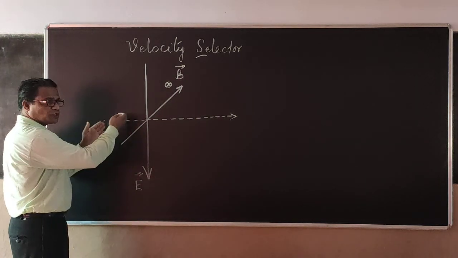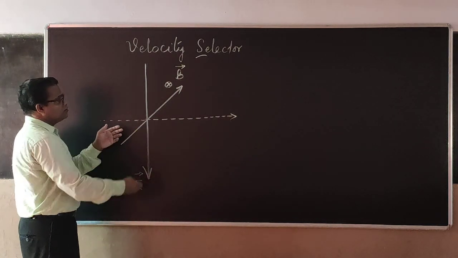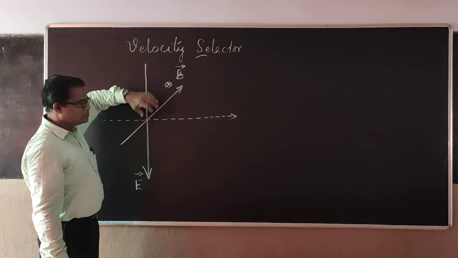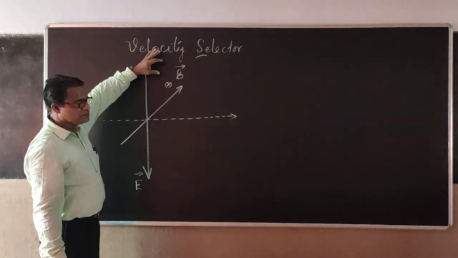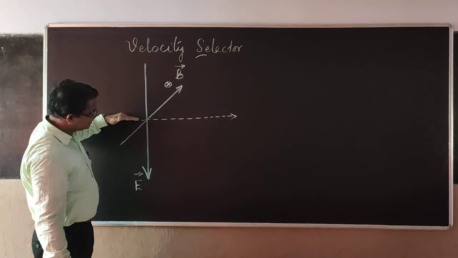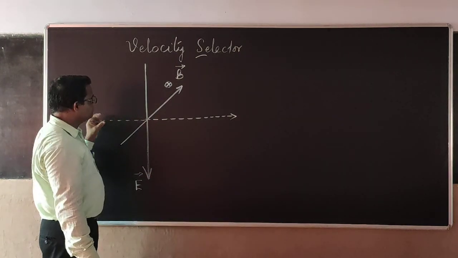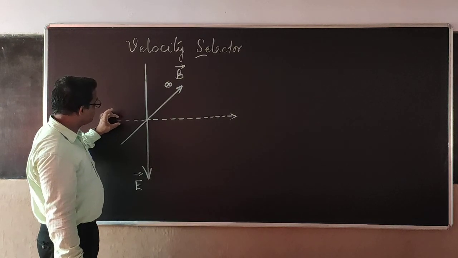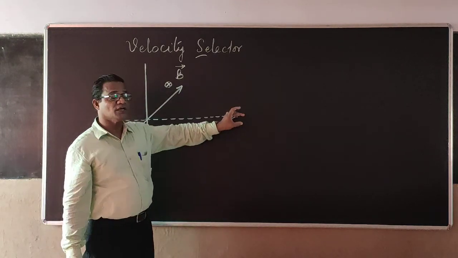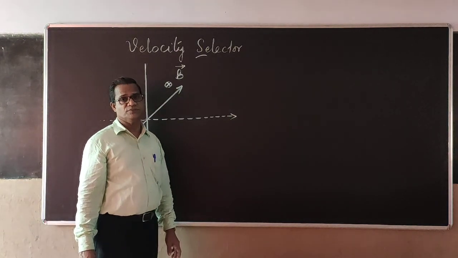Many particles are projected, few of them are turning upward, and few of them are deviating downward, but a very few particles are found to be moving straight without any deviation.